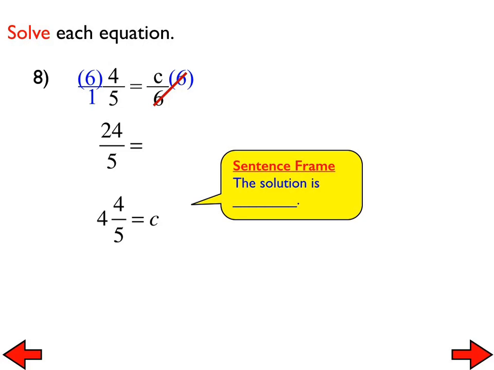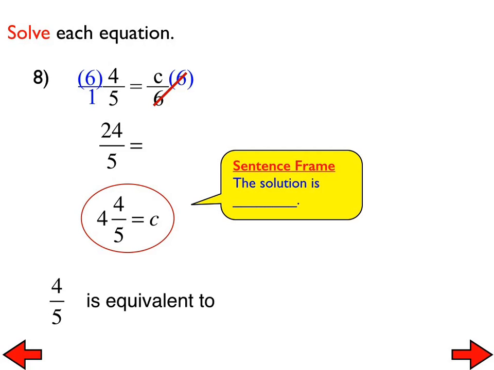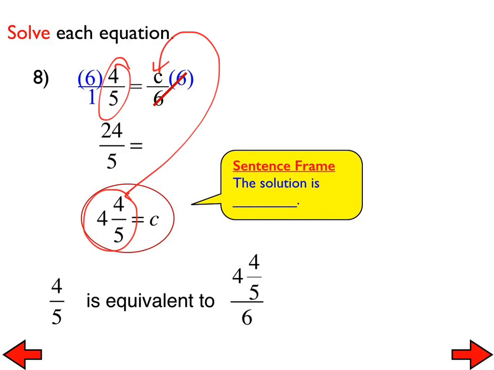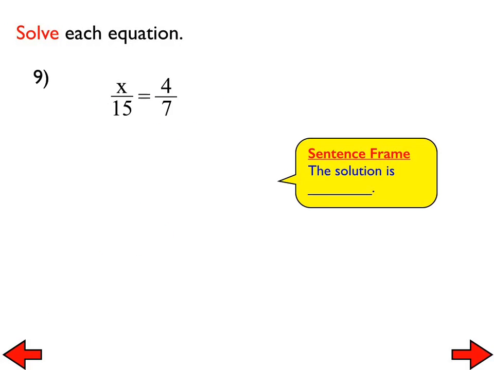That's 24 over 5. So regardless of which way you did it, the solution should be 4 4/5. And so what that means in the context of this problem is 4/5 is equivalent to 4 4/5 over 6. In case you haven't been following, all I'm doing is substituting this right there, saying that that is equivalent to that.